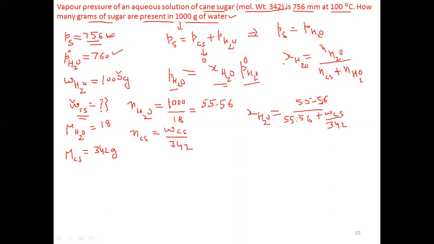Put all these values of P water, X water and P not water. P water is 760.